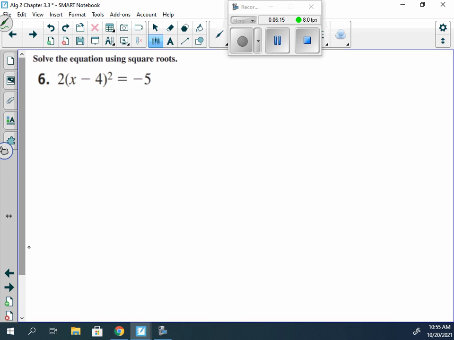And what can we do first? Divide both sides by 2. And that will tell me here the 2 and 2 would simplify, leaving me with x minus 4 squared is equal to negative 5/2. Now what do we need to do next?